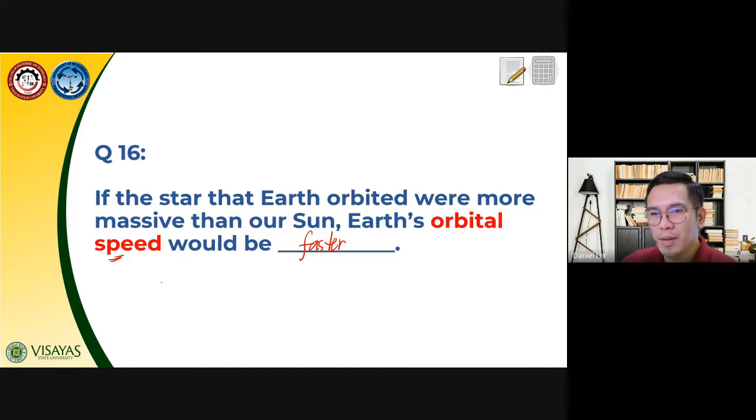We have F gravity is equal to G, where G is a constant, times M1 M2 divided by R squared.